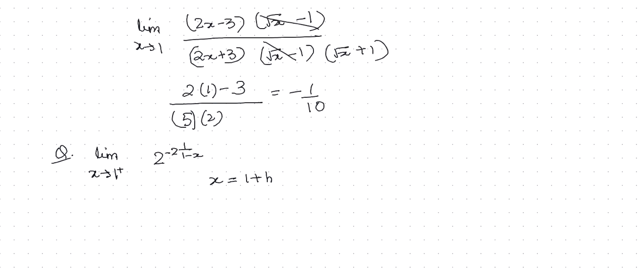Then this gives us 1 minus x equal to negative h, so the exponent is negative 1 over h.